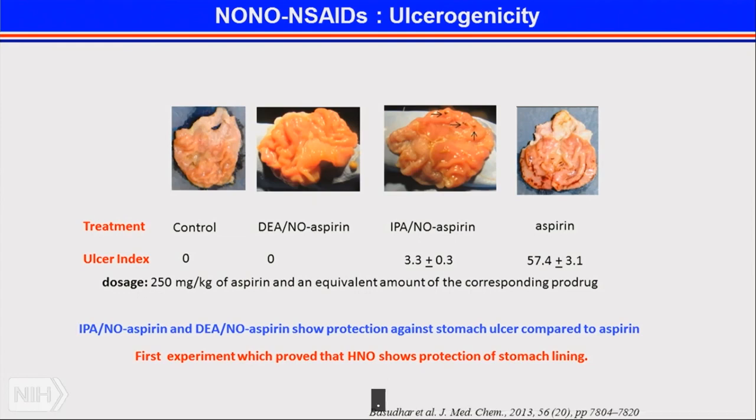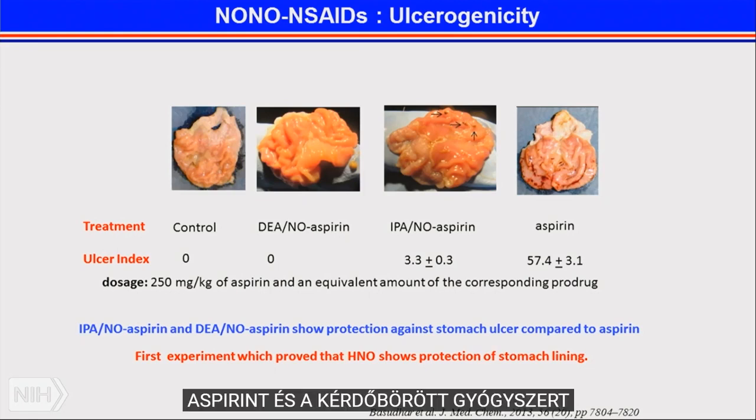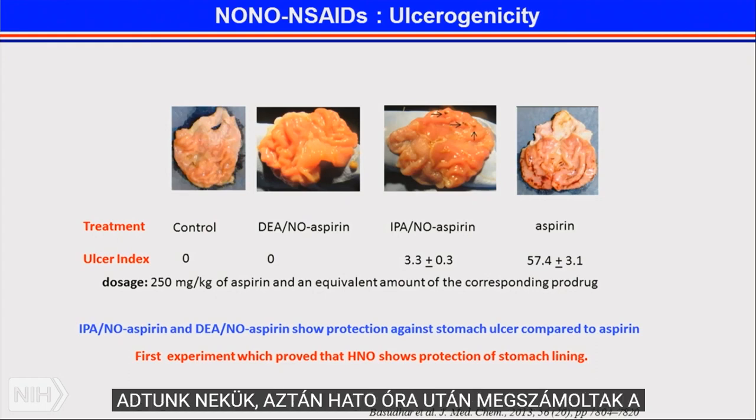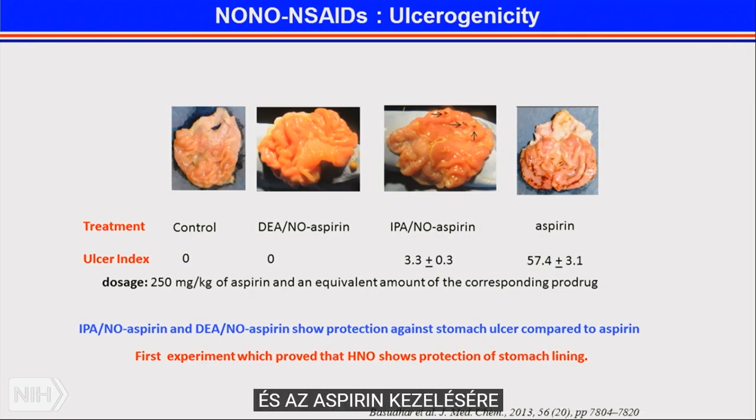As you can see here, this is the control group and this is the aspirin group. We basically gave them a high dose of aspirin and the equivalent drug, and then these stomach bleedings were counted after 6 hours. On treatment with aspirin, there was a huge increase in ulceration index.